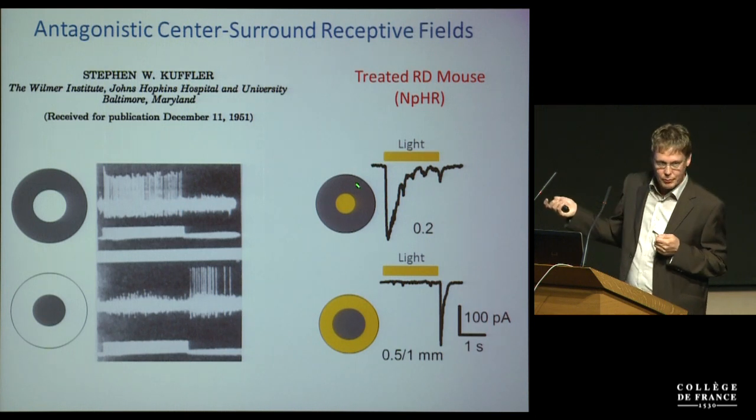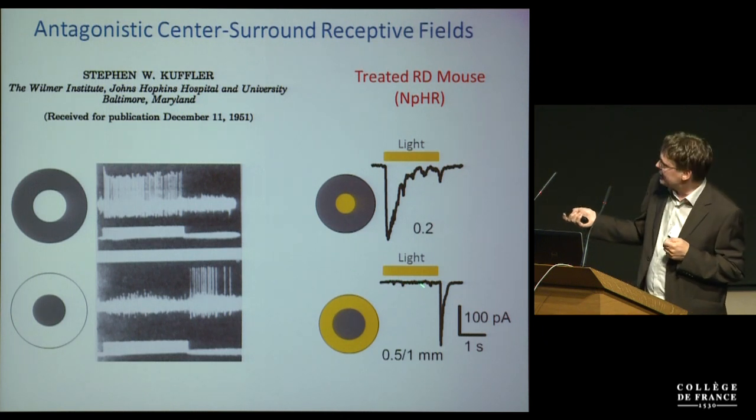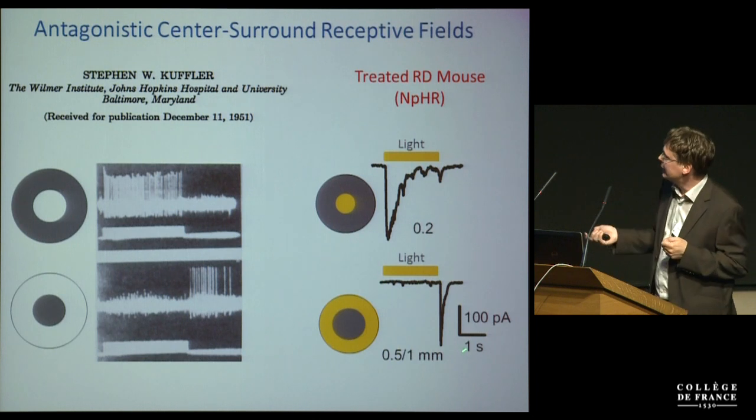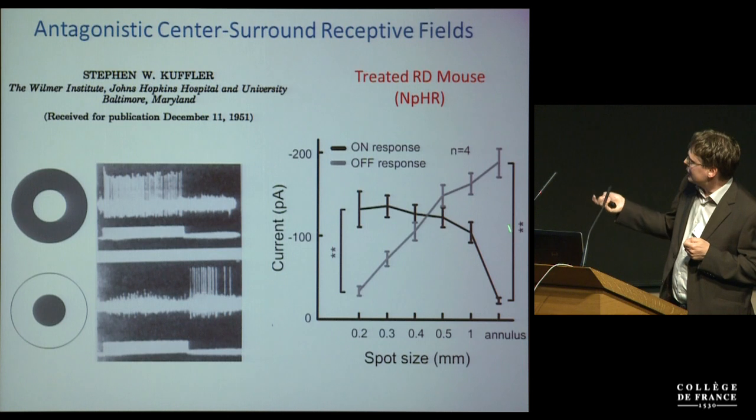This is a voltage clamp recording from a ganglion cell. Here I applied a center stimulus, you got a pure on response, and then if you apply the stimulus to the periphery, the center response is completely abolished, showing that this works very well. And here this shows the data from 4 cells.